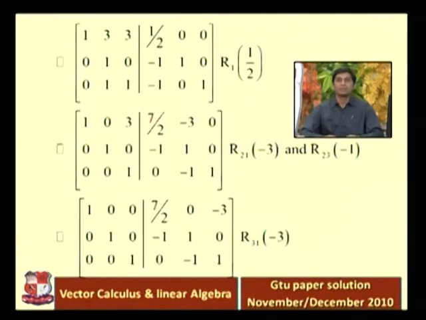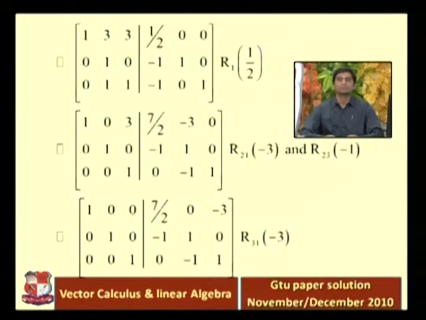So 0 into -1 plus 0 is 0, 1 into -1 plus 1 is 0, 0 into -1 plus 1 is 1, -1 into -1 is 1, minus 1 gives 0, 1 into -1 plus 0 is -1, and 0 into -1 plus 1 is 1. So the third row becomes 0 0 1 0 -1 1.